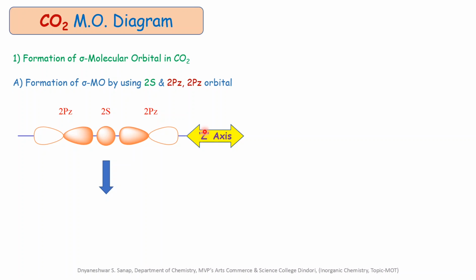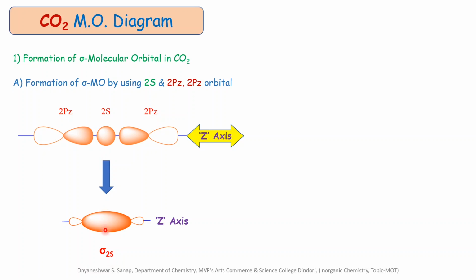This axis is very important to understand the type of bond formed in the CO2 molecule. The same-sign wave functions of the atomic orbitals combine together, resulting in a bonding molecular orbital along the z-axis, denoted by the symbol sigma 2s.